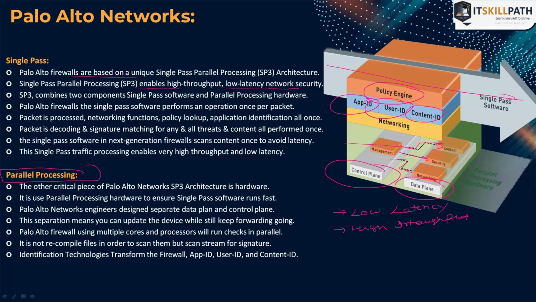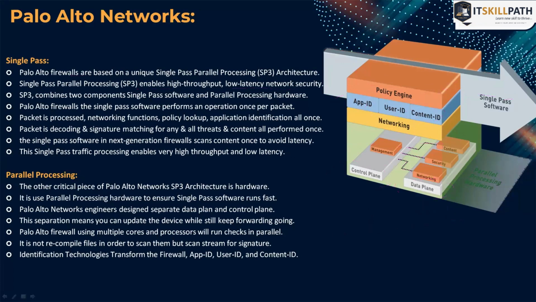Okay, anyone else? Control plane is, how do we say, kind of control for the application, like policy and filtering and all. Data plane is data transfer.